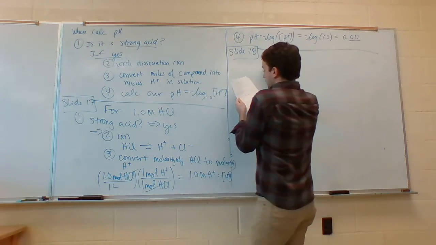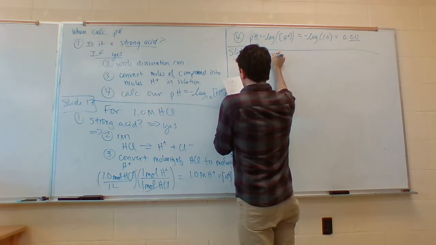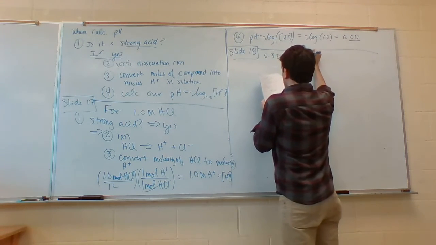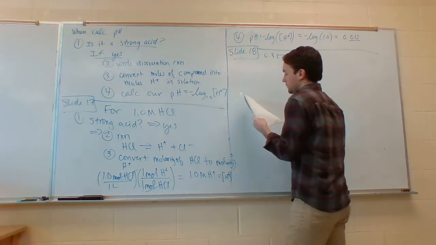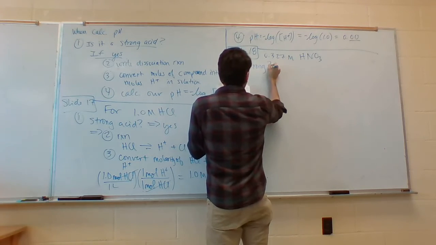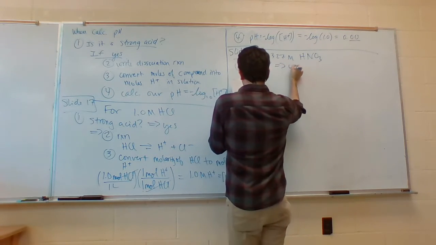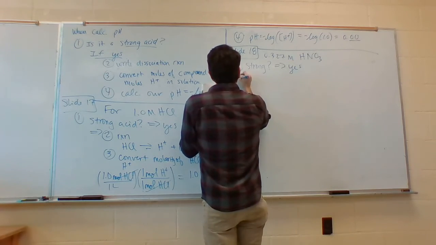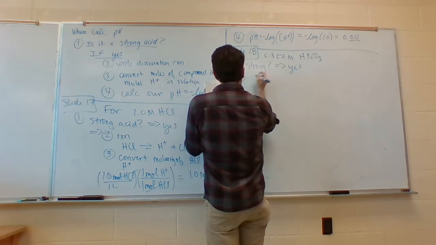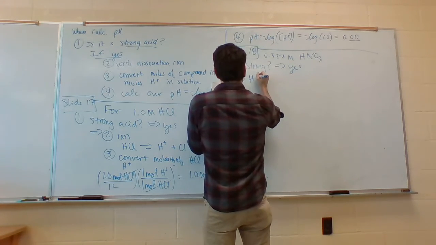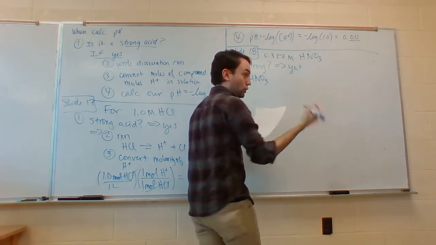All right, for this one, we have 0.327 molar nitric acid, which is HNO3. Our very first question is, is it a strong acid? And the answer is yes. The second step, since it's a strong acid, is we write down our reaction, which was HNO3 dissociating, right?